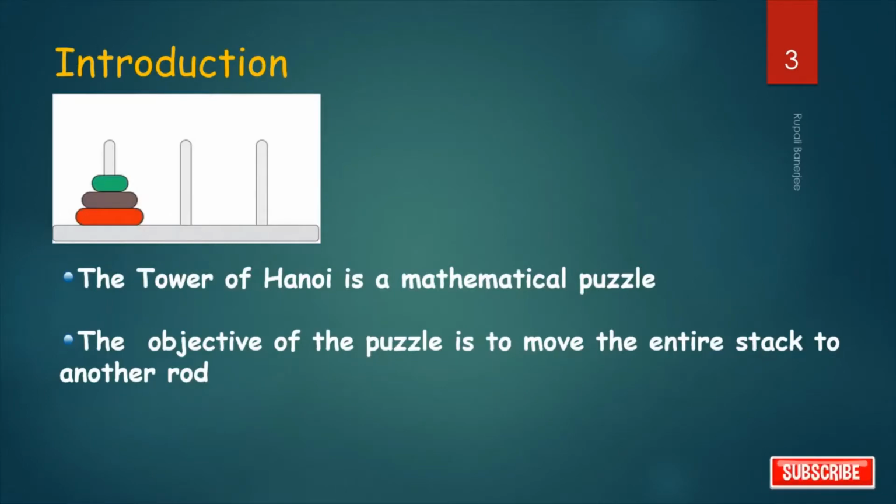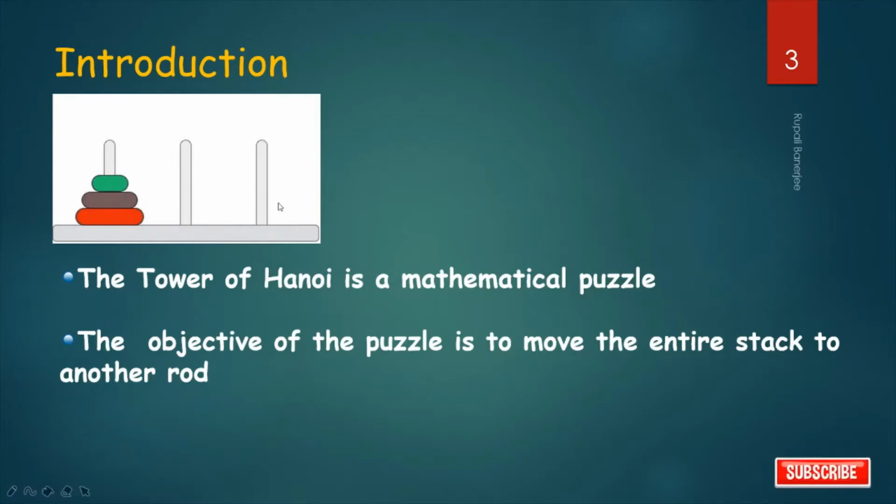So, the Tower of Hanoi is a mathematical game or puzzle. It consists of three rods and a number of discs of different sizes. Here, there are three rods and a number of discs. In our case, I am taking three discs, which can be slid onto another rod. These three discs can be slid onto any other rod.